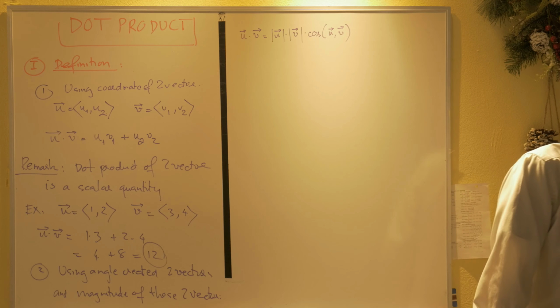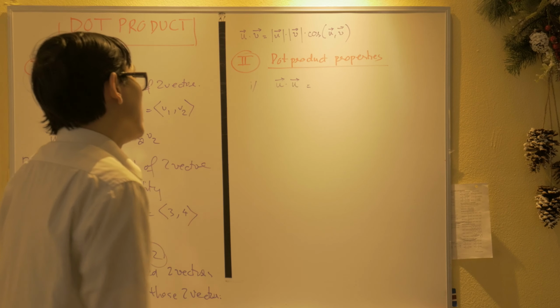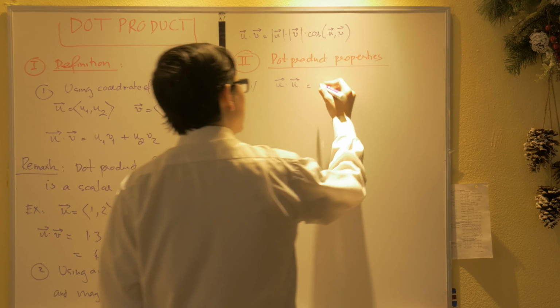The first property is, if you multiply a vector by itself, vector u times vector u, it gives you the magnitude of the vector u squared.